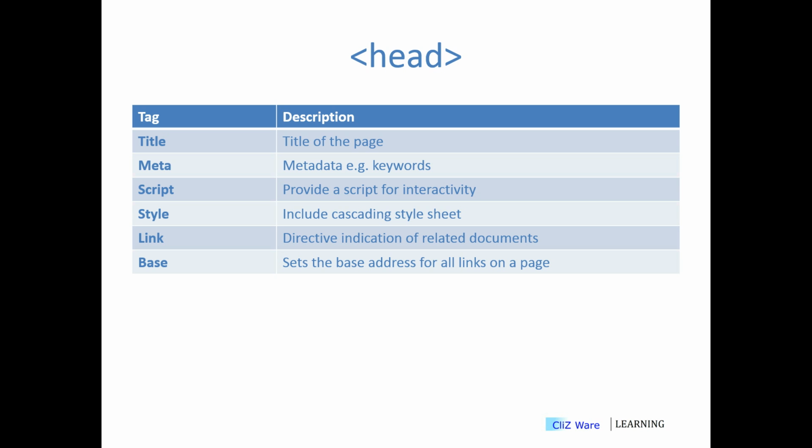If you don't specify a base directory, the browser is going to search for hello.jpg in the same folder as the file. But if you specify a base tag, then it's going to search from that URL or location.